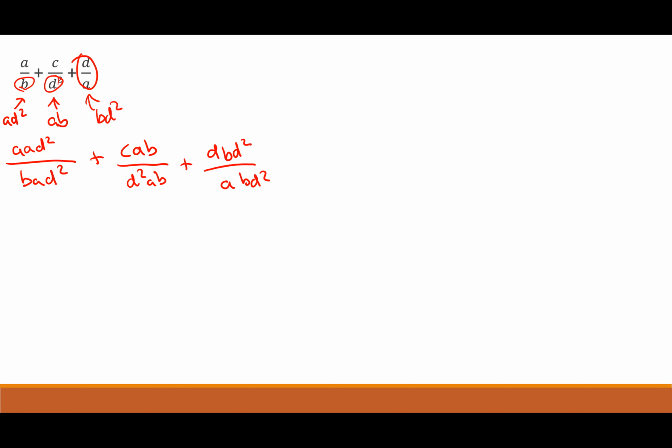Now the denominators are the same, so we can put everything over the same denominator, which is BAD squared, and at the top you've got A squared D squared plus ABC plus BD cubed. I'm just going to rewrite the denominator in alphabetical order, ABD squared, and that's the solution.